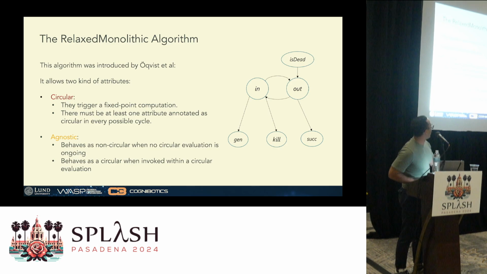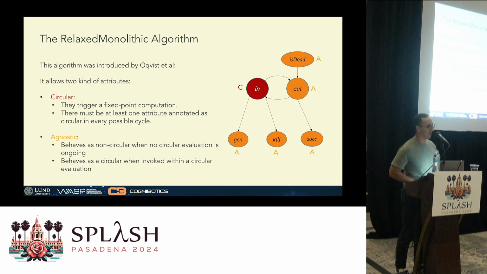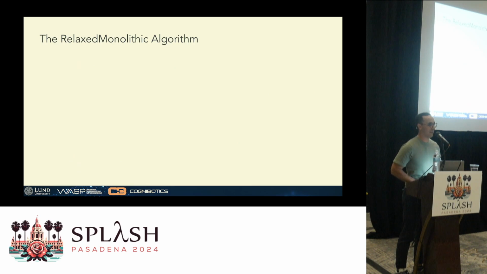So for this example here, the user will have to annotate one of the two attributes between in and out. Let's suppose we decide to annotate in. And then everything else will be treated as agnostic. And everything works, except that as soon as we have many circular attributes, it becomes inefficient.